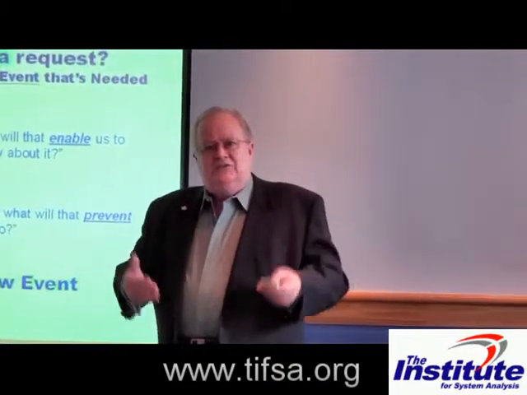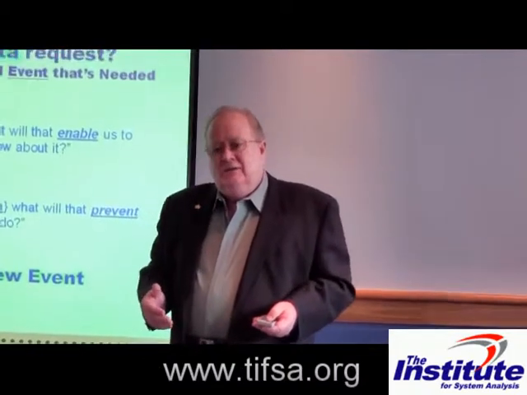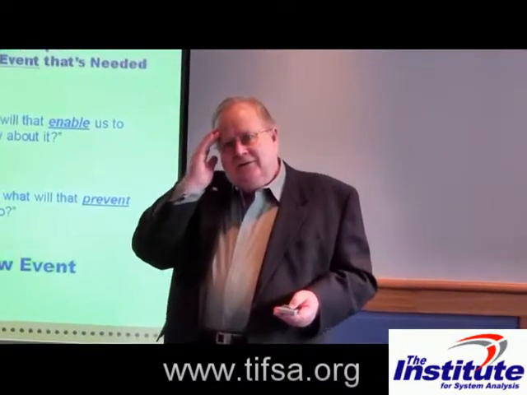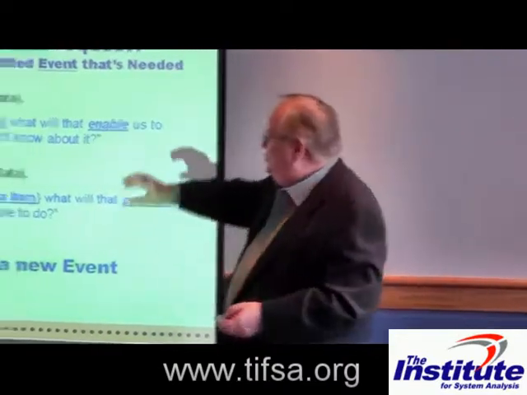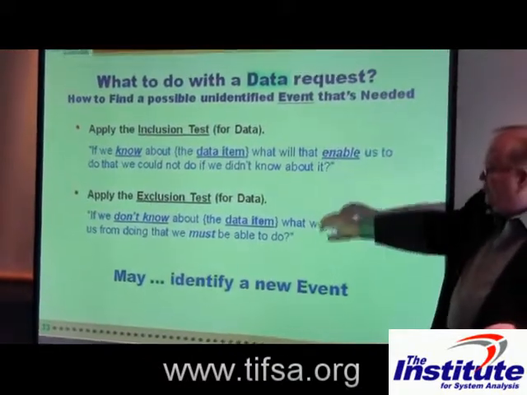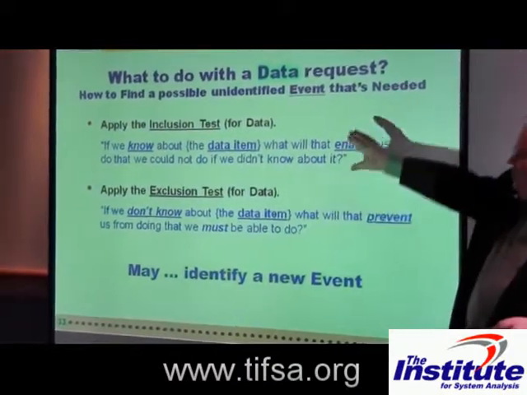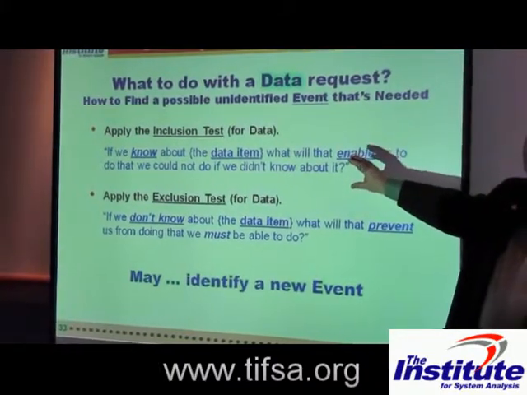When somebody says they need certain data, we have to understand what's behind that. And sometimes what they're thinking could be very different from what we might be thinking. So we can ask these questions, the inclusion question or the exclusion question, about the data attribute. The inclusion meaning that if we've got this data, what will that enable us to do?